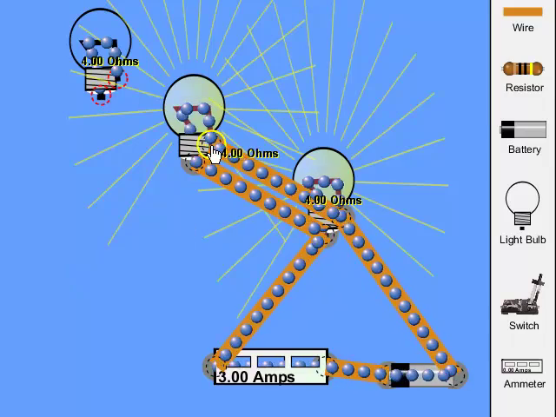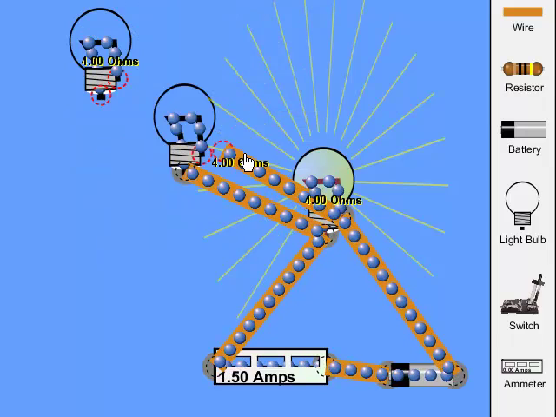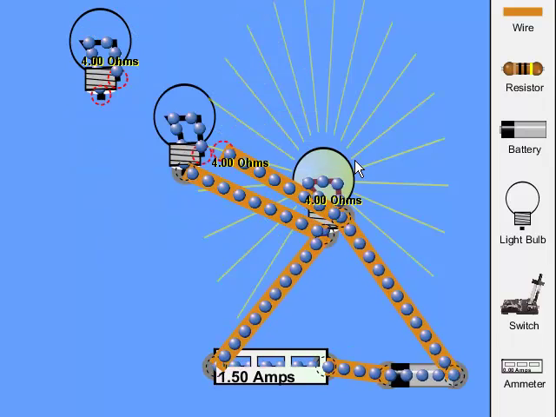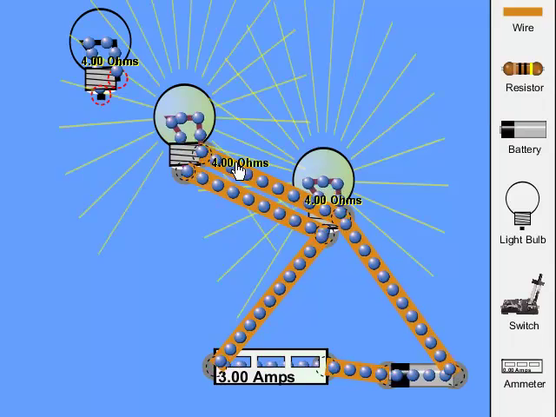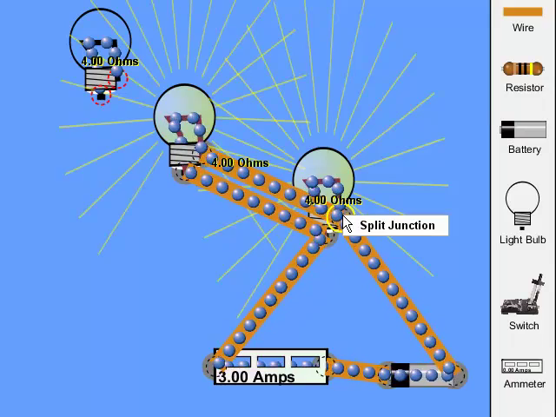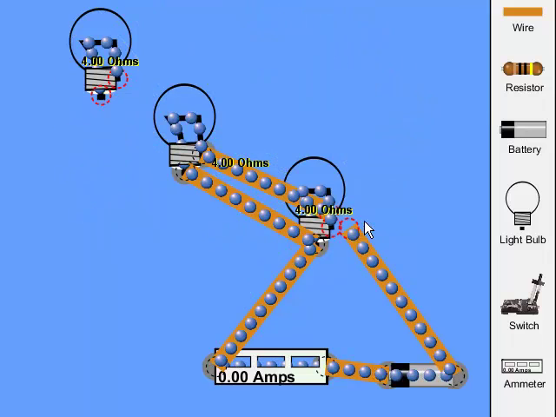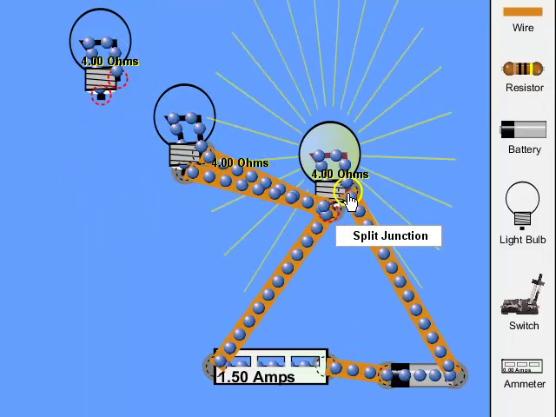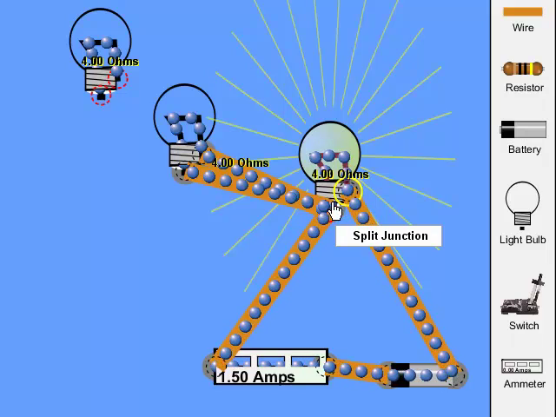And if I disconnect one of them, like one of them wouldn't work, well, then the other one is still going to work. And that's the nice thing about a parallel circuit. Let me, for example, take this one away. Okay, now, of course, I split the main circuit. So I'll try this again here. Uh-oh.